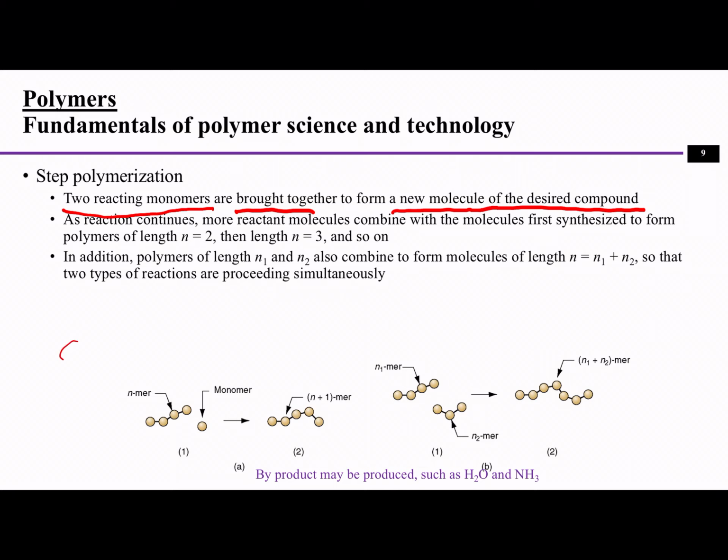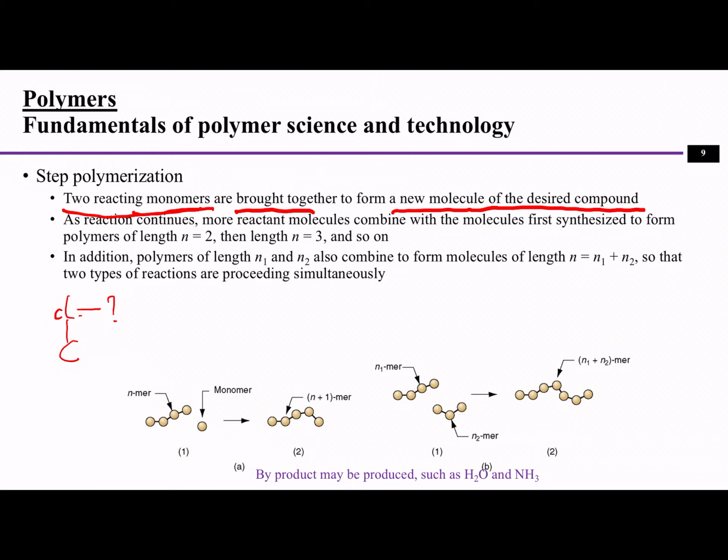For example, there's a carbon and there's a chloride, so maybe this chloride is connected to something, and then it starts to form another structure. So in this case, there are some reacting monomers, and they form a new structure. This is how step polymerization happens.